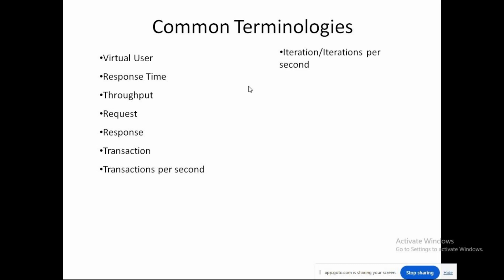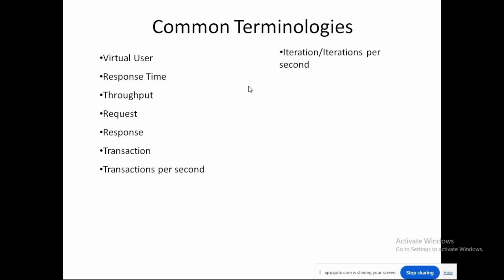So what is iterations per second? So per second, how many iterations are happening? Now, what is the difference between transaction and iteration? Iteration is basically your complete user flow. One iteration means one complete user flow. But transactions, guys, your multiple transactions make up your user flow.